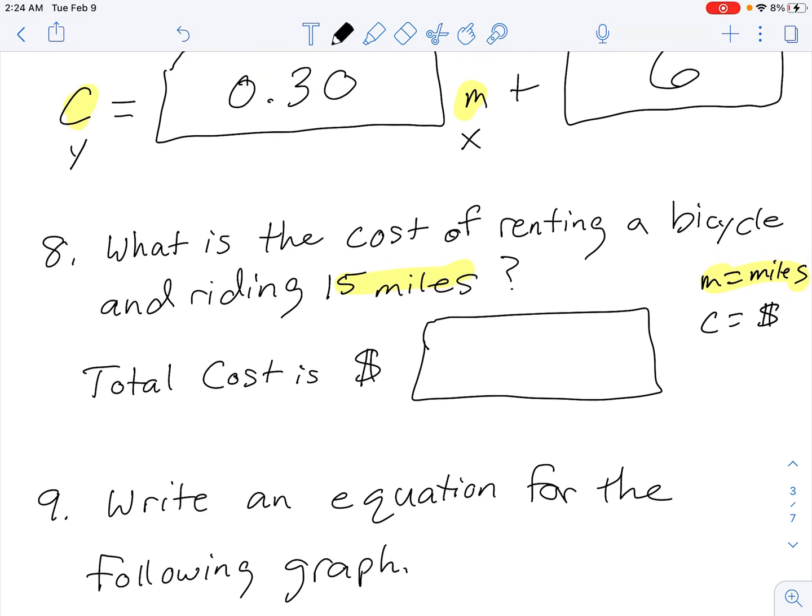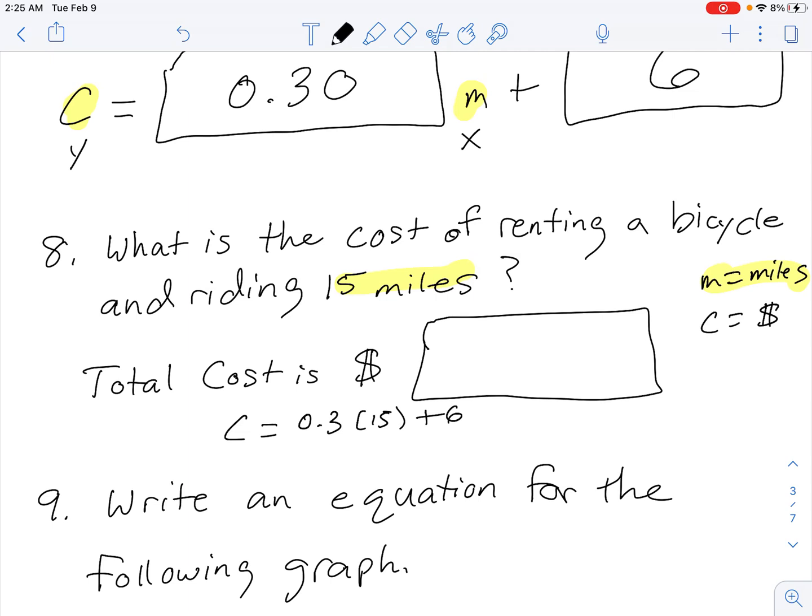So now you would say C equals 0.3, and then obviously you're going to plug in 15 because you're plugging it in for M, or X, and then plus 6.